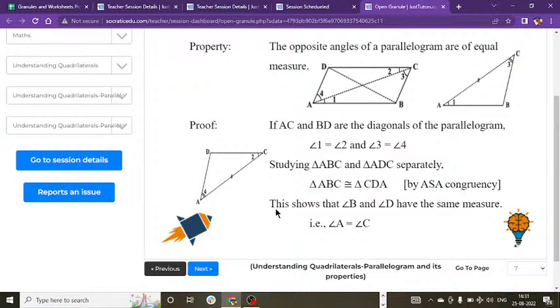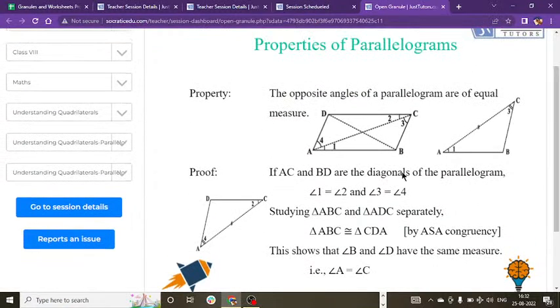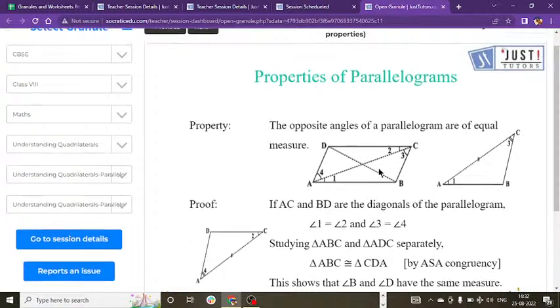This shows that angle B and angle D have the same measure, so angle A and angle C will also be equal. So here we have proved that the opposite angles of a parallelogram are equal in measure. I hope you are clear till here.